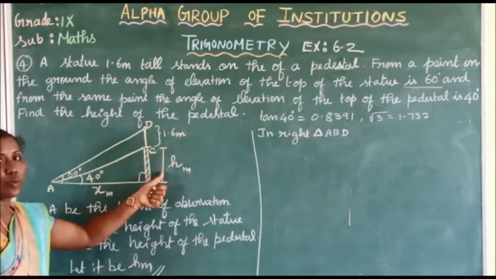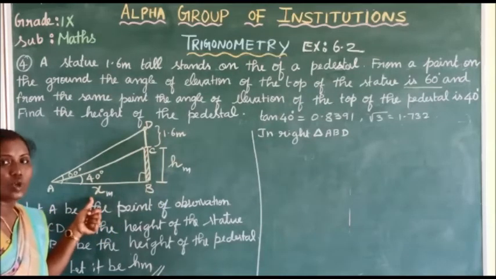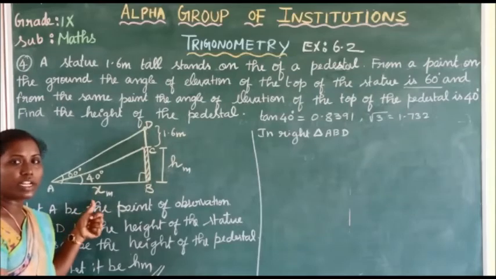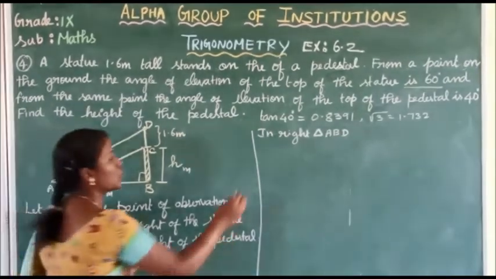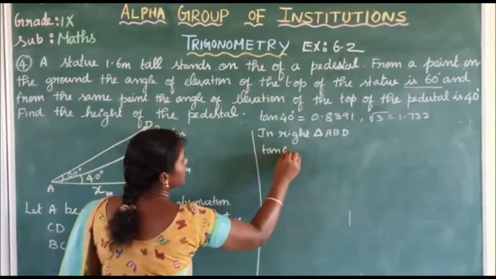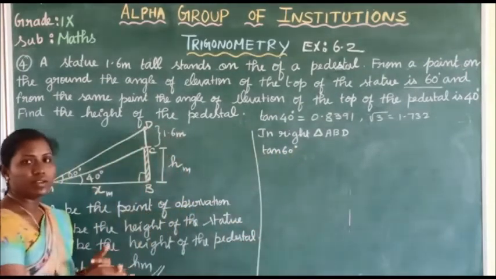We have to find the value for the opposite side, and the adjacent side is common. So what trigonometric ratio do you have to take? Tan.